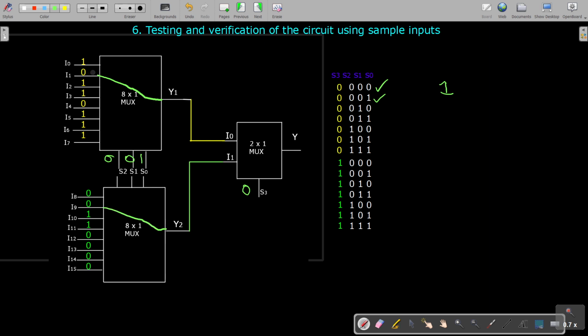So this 0 will be taken and it is transferred to Y1, and this 0 will be taken and transferred to this Y2. But S3 is 0, so this I0 line is selected, that input 0 will be transferred.